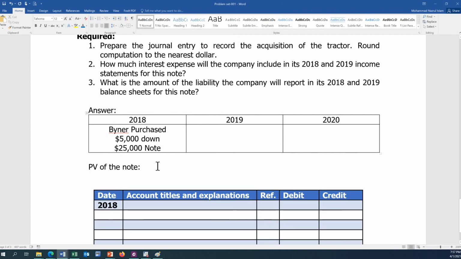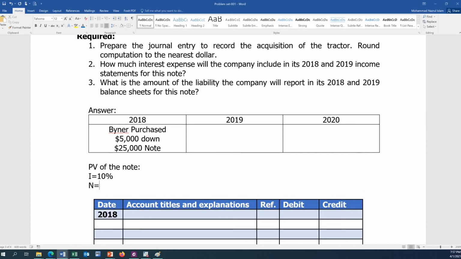What we have is an interest rate equal to 10% and n equal to 3 years, correct?